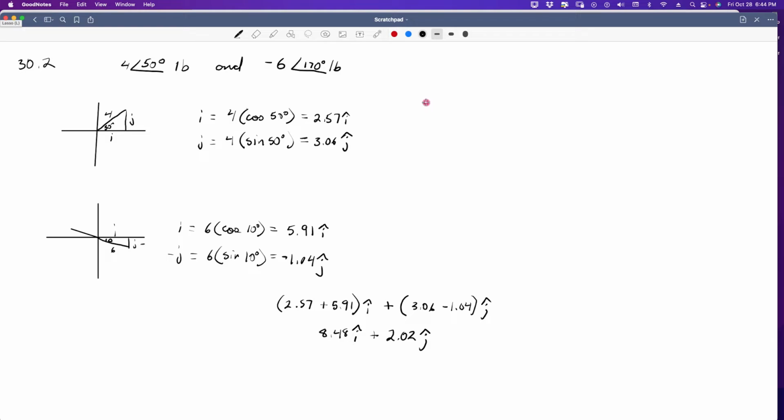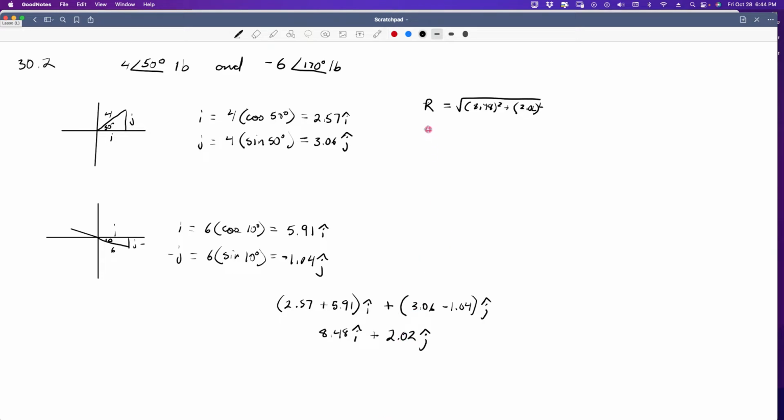So the hypotenuse, or in this case the resultant vector, is going to equal the square root of 8.48 squared plus 2.02 squared. And those are our two terms that we have here.